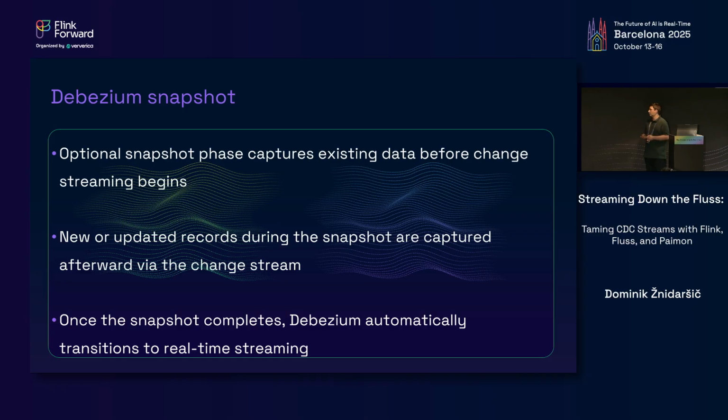So Debezium also has nice things, because we all know that we don't start every project from scratch. You get somewhere, you say, oh, now we need CDC, what do we do? The database already has data. So for these cases, Debezium also has snapshotting. So it can first read the table that you want to stream, and then the streaming starts when the table was read fully.